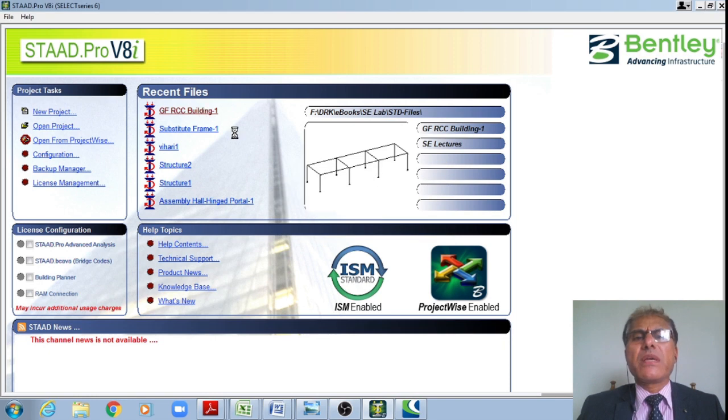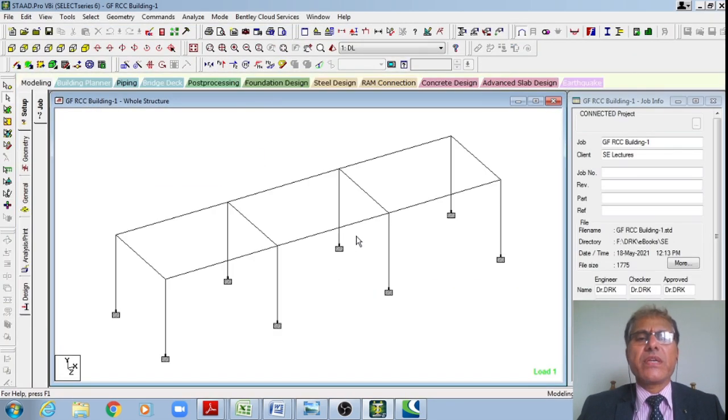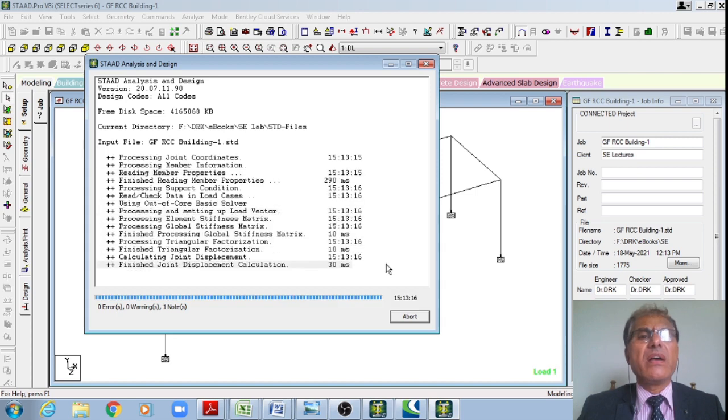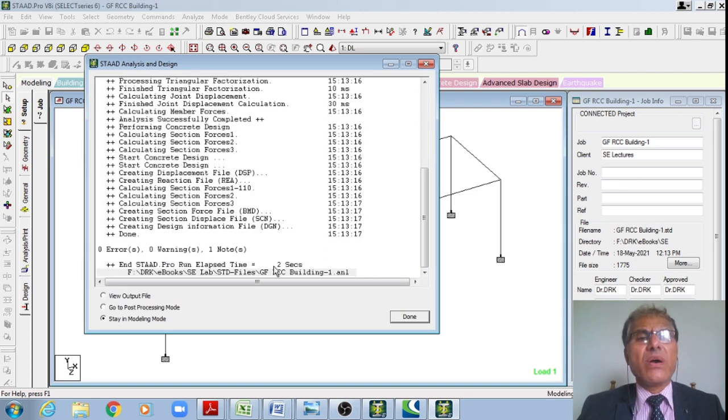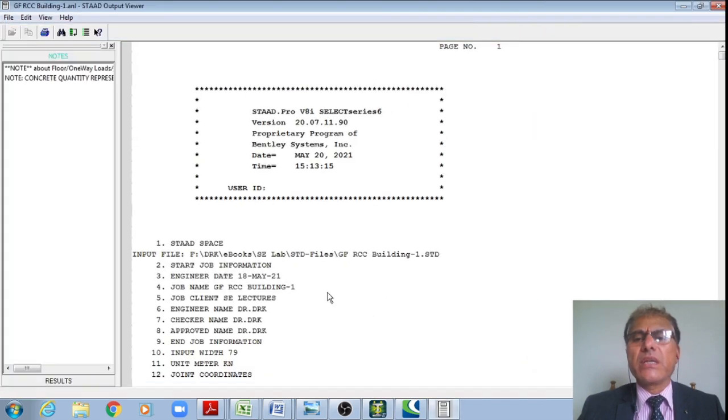That is how I'm just clicking. I'm afresh just clicking for your convenience, and I'm analyzing. In one click, you see the runtime is only just 2 seconds, student. Just within 2 seconds I got the output.